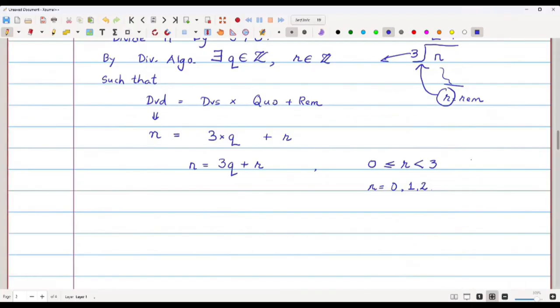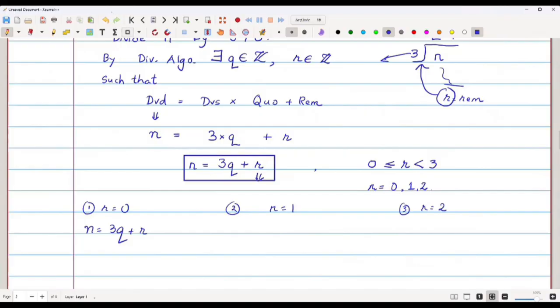So this means that when I put this value of r, we have 3 choices of remainder: when r equals 0, when r equals 1, and when r equals 2. These are the only possibilities of the remainder, right? In that case, what will n equals 3q plus r start looking like? When r is 0, this will mean that n is equal to 3q, right?